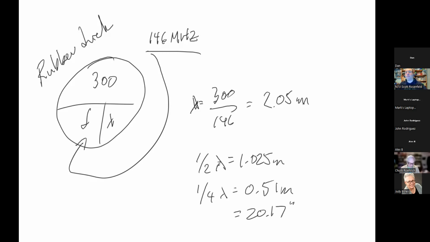Now, we're going to have to multiply that by a factor of 0.95. So 95% is 19.1 inches. That is roughly the length of a quarter wave 2-meter antenna. This is what I have on my house. I have an antenna on my house. It's been up there for 5 years. I made it for a total of $5.